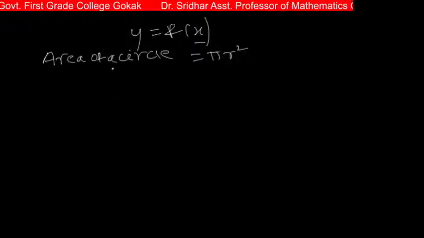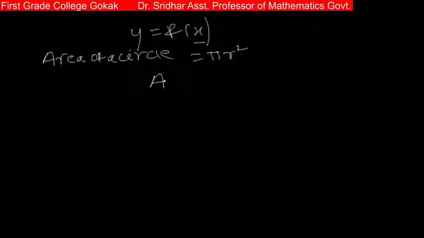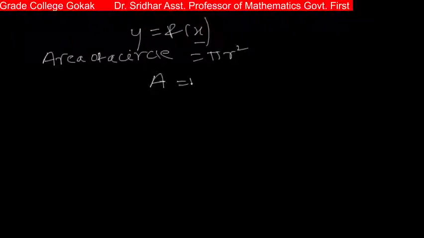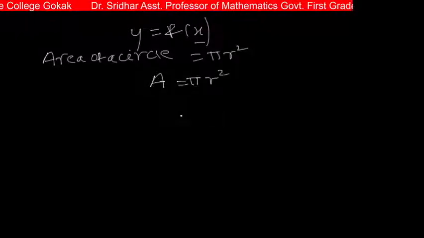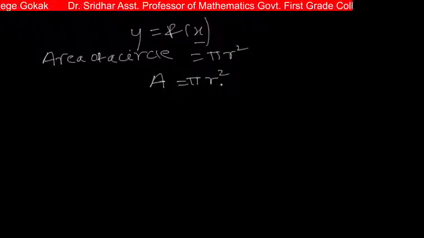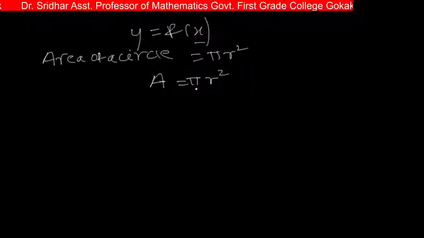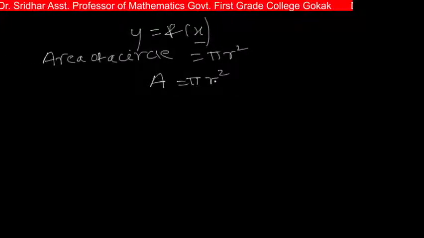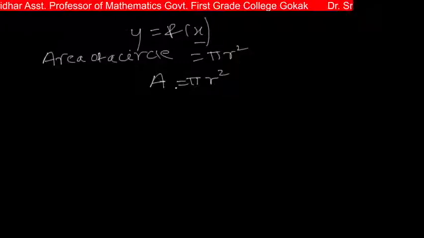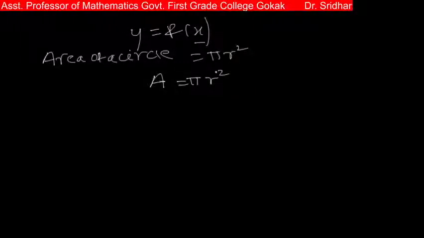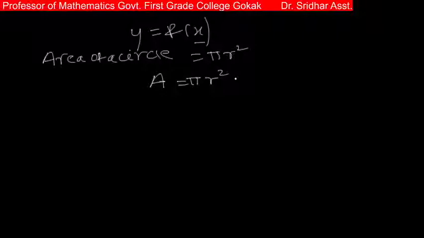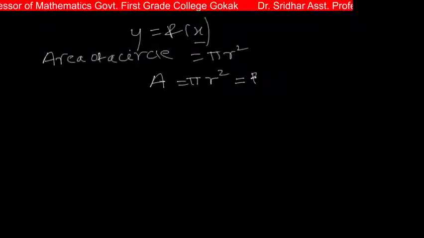If the area is denoted by A, then A is equal to pi r square. Pi is a constant, that is 22 by 7, and only r is a variable. So this can be written as f of r.